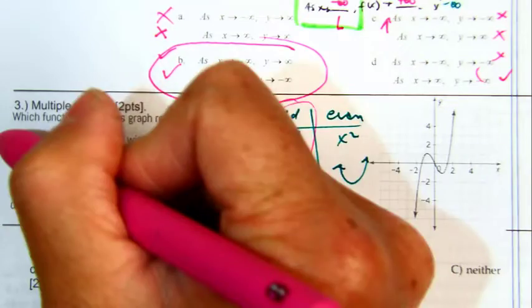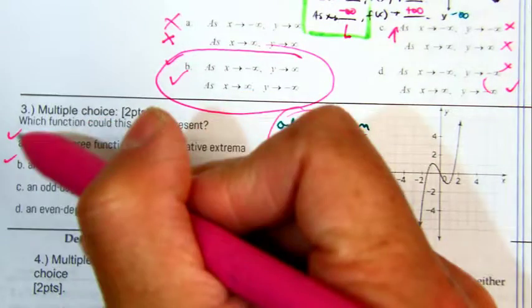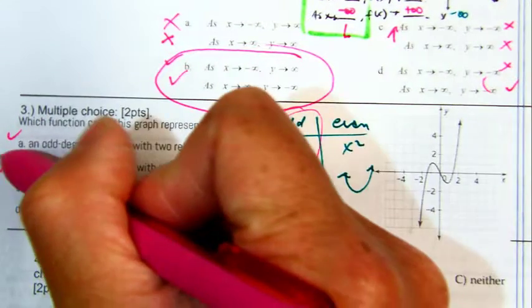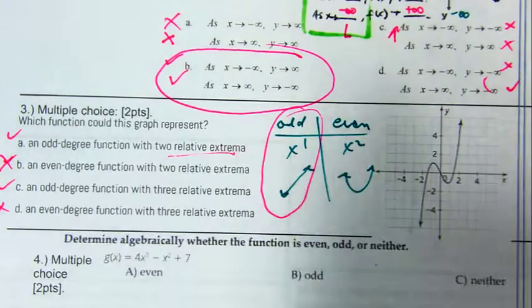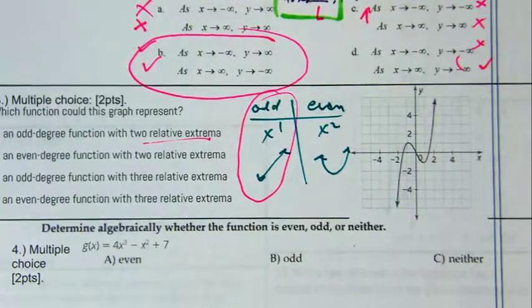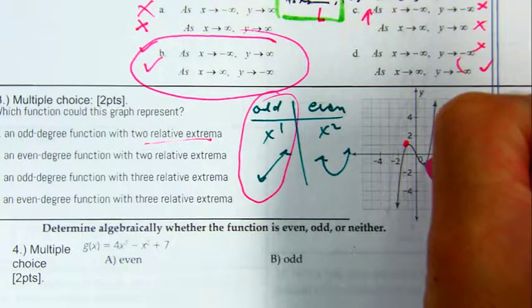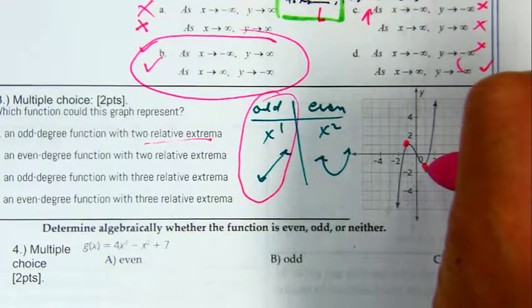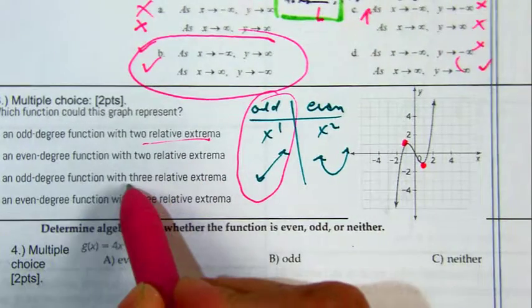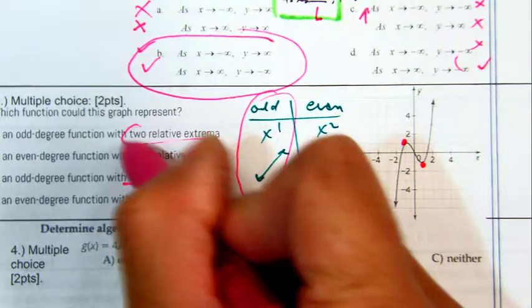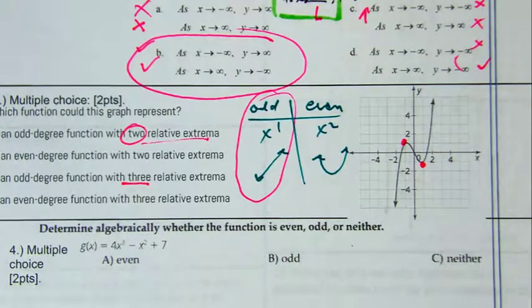No, that says even, odd. And now it's going to talk about the extrema. The extrema here is one relative max, one relative minimum, so you have two extrema. This one says 3, so that would be wrong. I'm looking for 2, therefore my answer is going to be A.